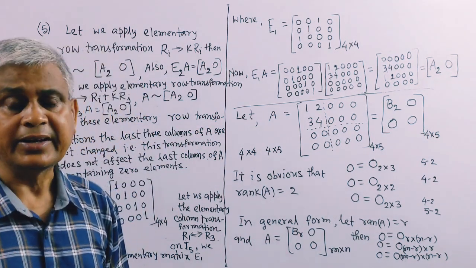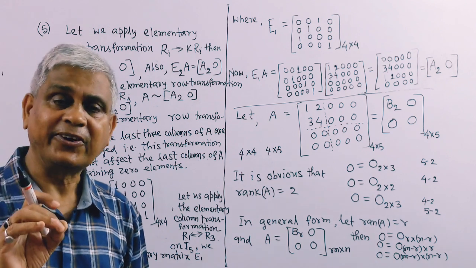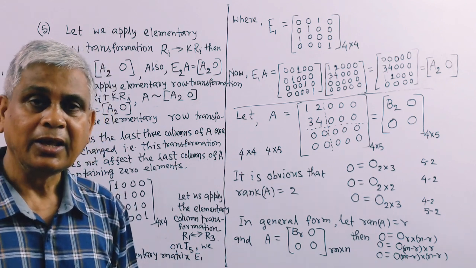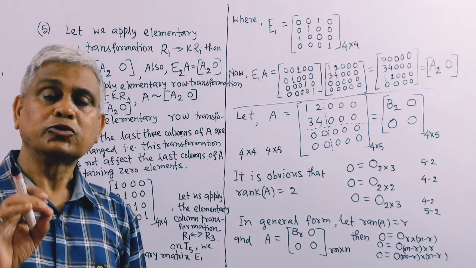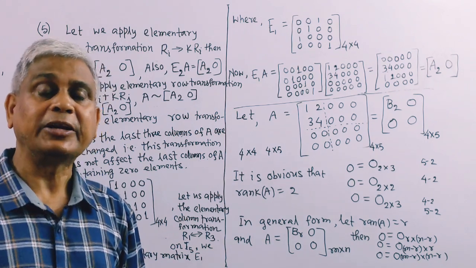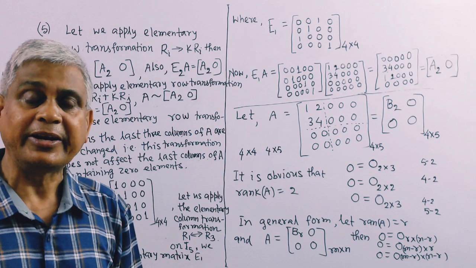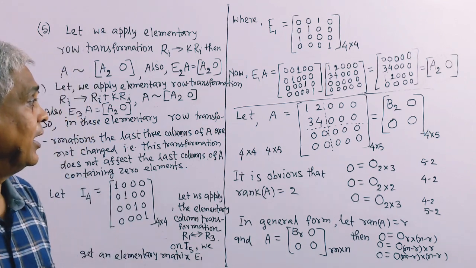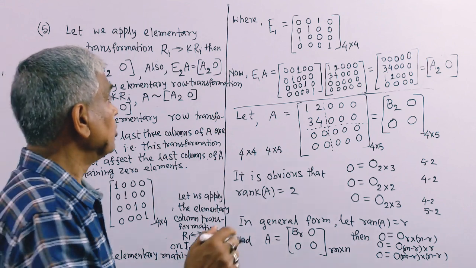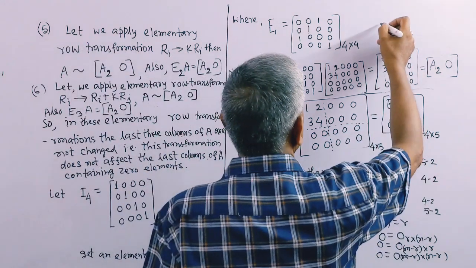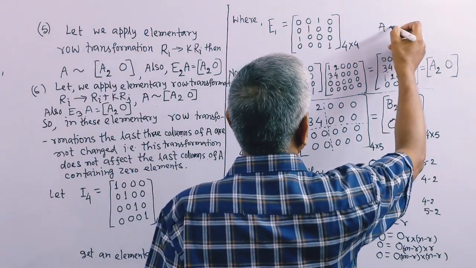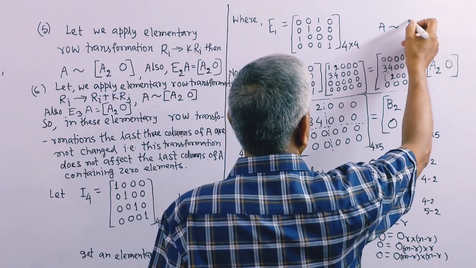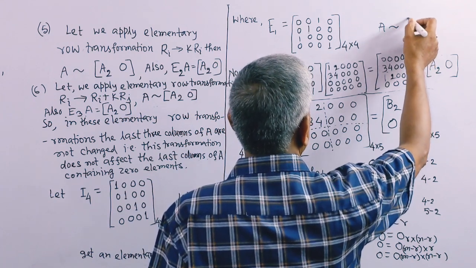So we see that if we perform elementary column transformation of A, and also if we post multiply the corresponding elementary matrix with A, we get the same result. And in this case, we will get that A is reduced to the form A2 0.